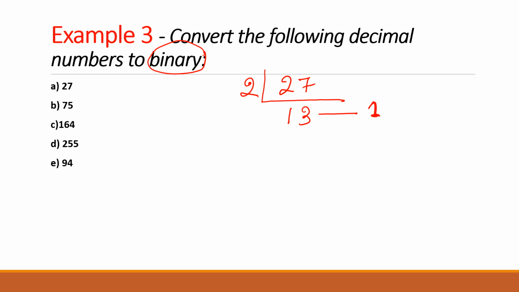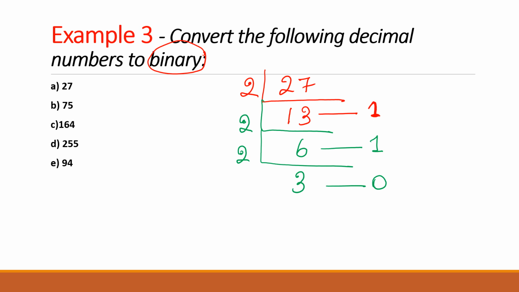And then you are again dividing this by 2, then it will be 6, isn't it? And again 1 is remaining, am I right? Then you divide 6 by 2, then it is 3, nothing remaining. So you need to put the 0. If there is nothing remaining, you have to put the 0. Make sense? And then you are dividing by 2, you get 1 and you have remaining 1.